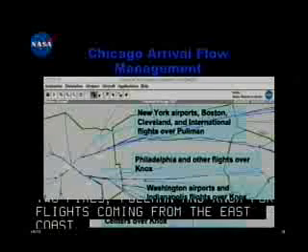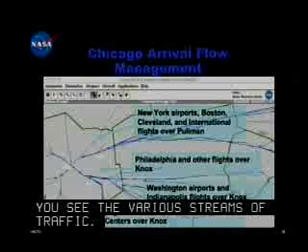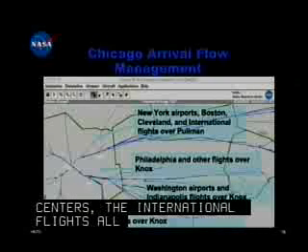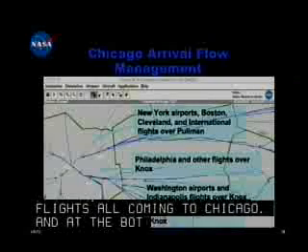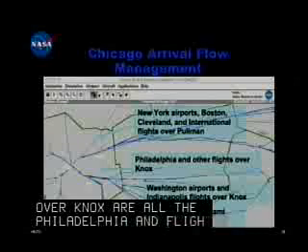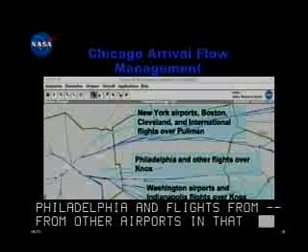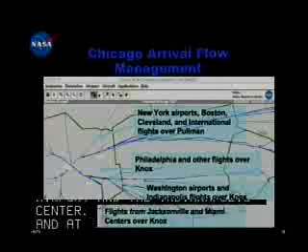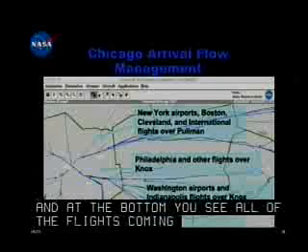You see the various streams of traffic, one coming from the New York airports, Boston and Cleveland centers, and the international flights, all coming to Chicago over Pullman. At the bottom, you see coming over Knox are all the Philadelphia flights and flights from other airports in that region. And you also see all the flights coming from the Washington area airports and the Indianapolis center. And at the bottom, you see all the flights coming from the south. These are flights coming from Jacksonville and Miami centers.